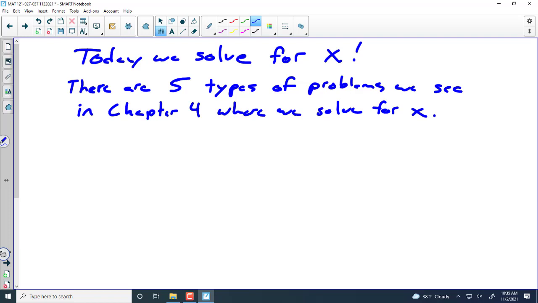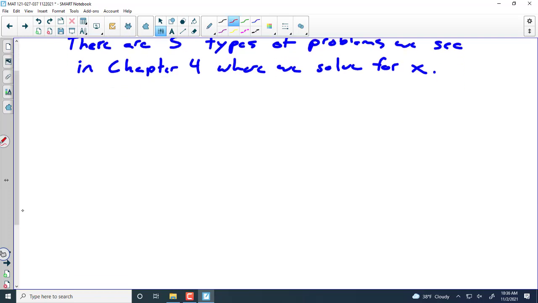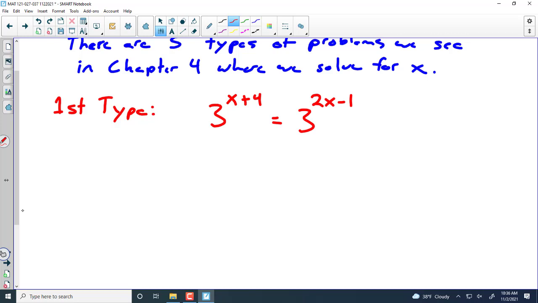But the good news is 2 of them we've already seen. We have already seen this type of problem, where either the bases match already, where you're trying to solve for x, or we have also seen problems where you can make the bases match.